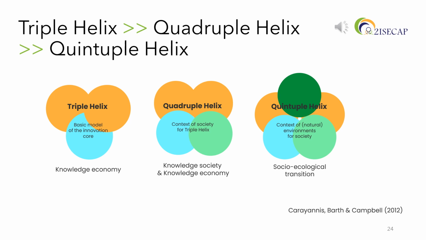Since then, the most recent concept, the quintuple helix, was promoted and includes ecological and environmental aspects, especially relevant to our 2ICCAP project. We thought it important to mention all 3 models within the programme, and although we will also be considering environmental aspects, all the tools that we suggest to use for Living Lab activities will relate to the principles of a quadruple helix model.